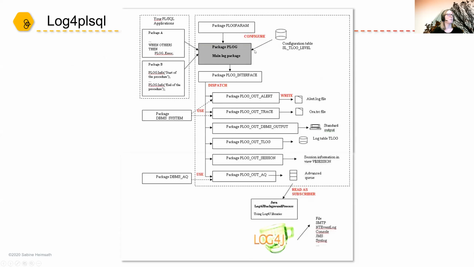The plog package reads from the configuration table, like the log level, for instance, and it calls the plog interface. And from there, the calls are dispatched to the different output modules. For instance, alert log file or a trace file, standard output, log table, $session, advanced queuing, or via the log4j background process. You can also use other ways of logging.